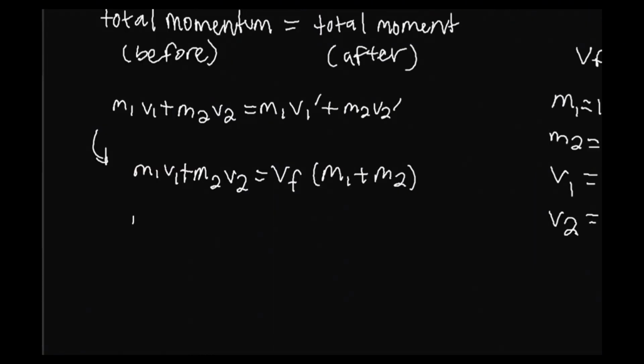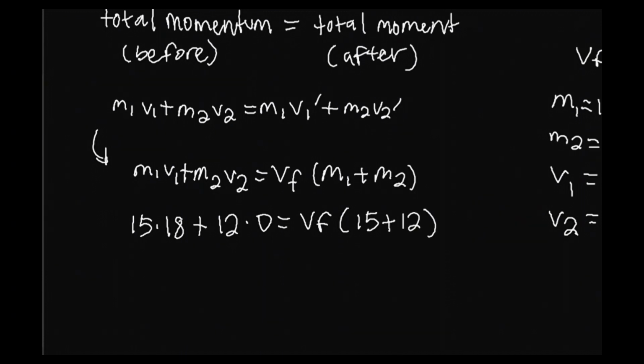We have 15 times 18 plus mass 2, which is 12, times 0 equals vf times (15 plus 12). Let's solve for everything that we have. By doing that, we're going to have to distribute this.